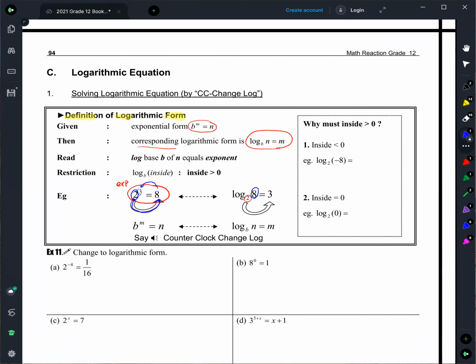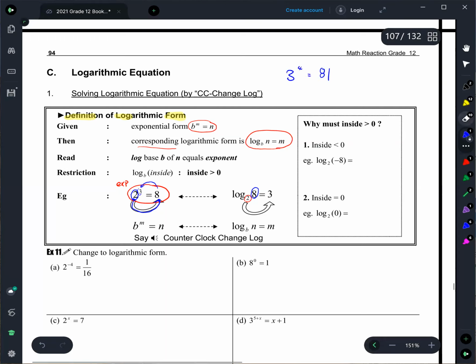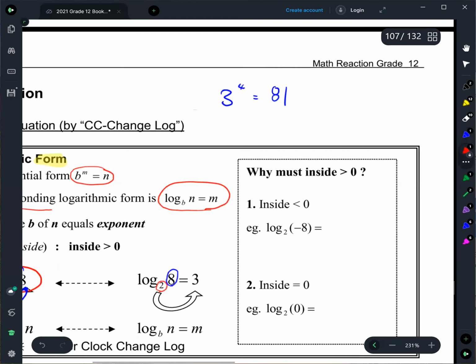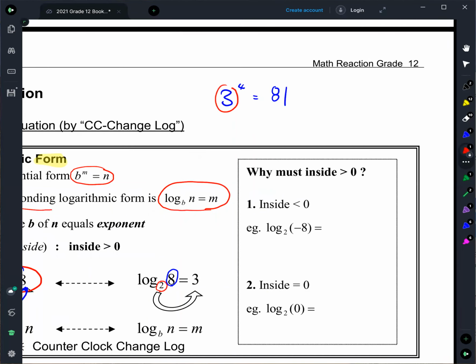For example, if you have 3 to the 4 equals 81, you start with writing the 3. Let me write on the side. Okay, it's lagging here. Try one more time. You start with the base.